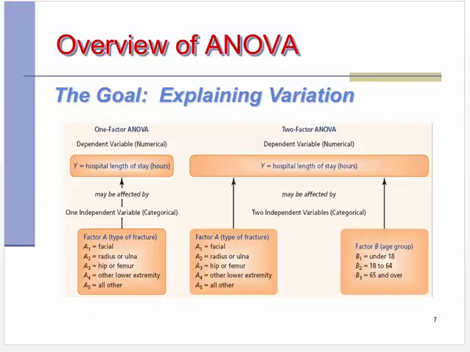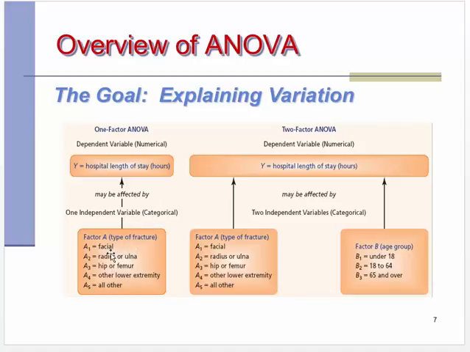This table here gives you a summary of one-factor versus two-factor ANOVA. In one-factor ANOVA, the dependent variable is hospital stay. We have seen that it is affected by the independent factor variable of type of fractures.